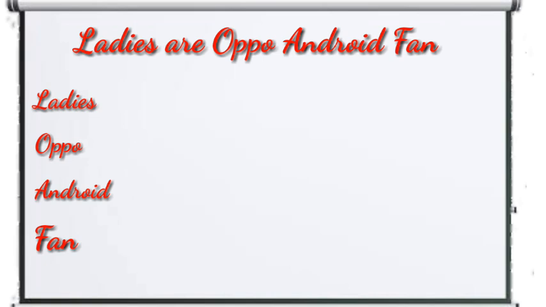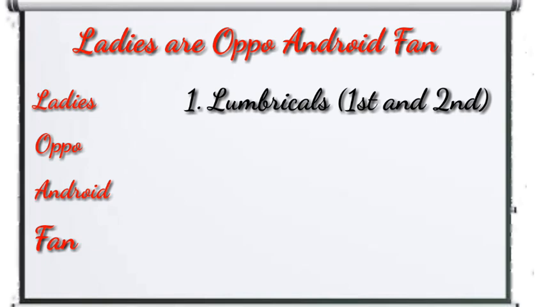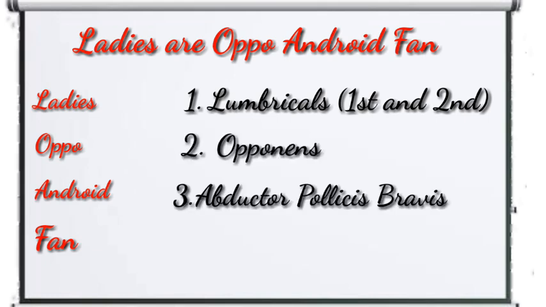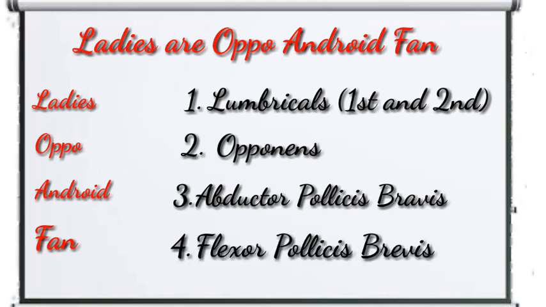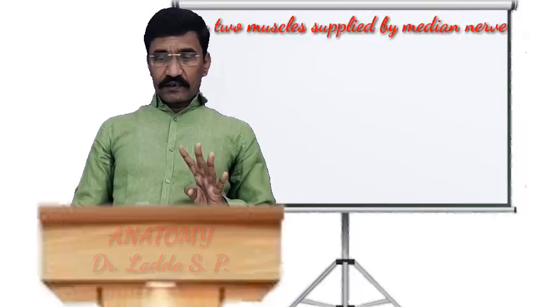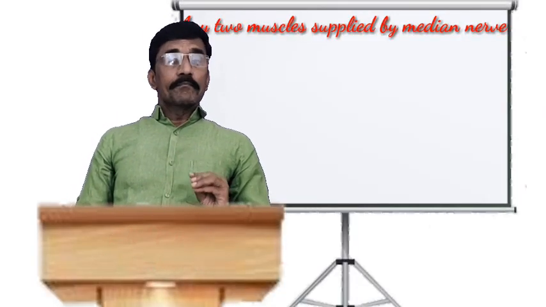One is lumbricals, second one is opponens, third one is adductor pollicis brevis and fourth one is flexor pollicis brevis. So these are the 4 muscles which are supplied by the median nerve.